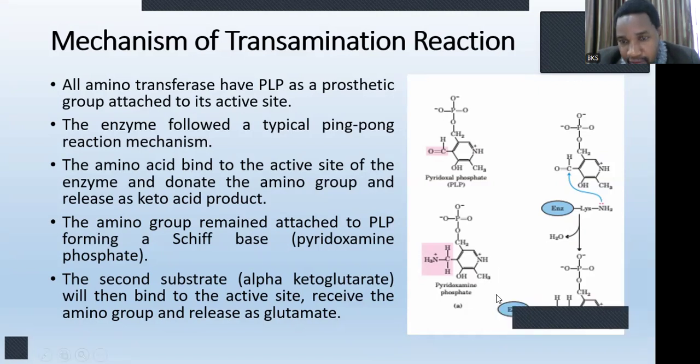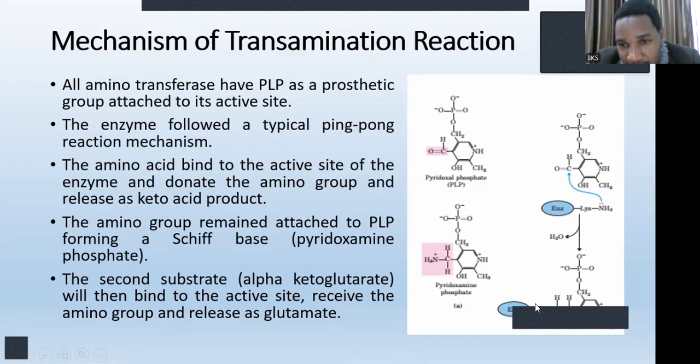Now let's assume that this is the amino acid that needs to transfer the amino group. So this bond will end up broken, and once the bond is broken, it leads to formation of pyridoxamine phosphate. So you have this amino group attached to this carbon. Initially, this is the carbonyl carbon here. You can see it here.